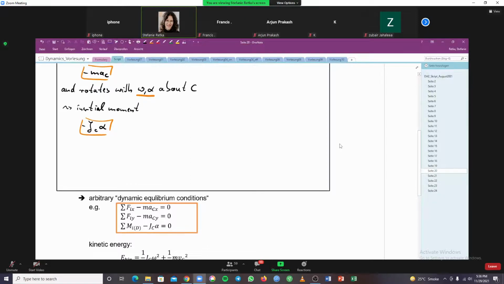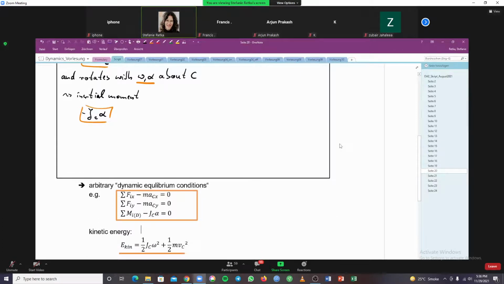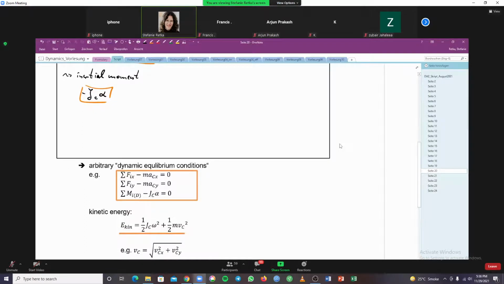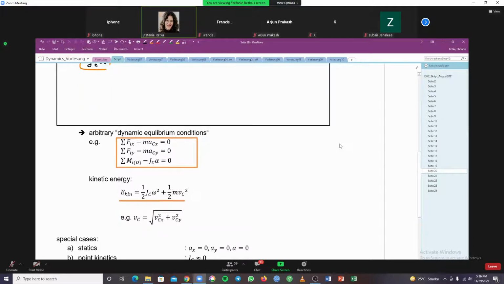Okay, and the equation for the kinetic energy as well. Here also the velocity might consist of two components. And then this general approach simplifies depending on the specific situation.